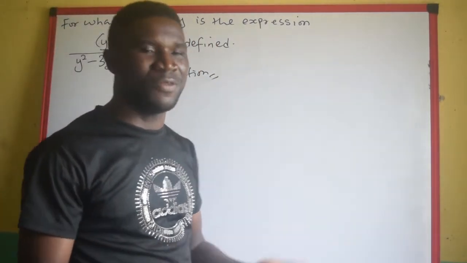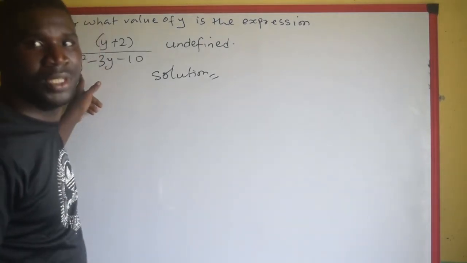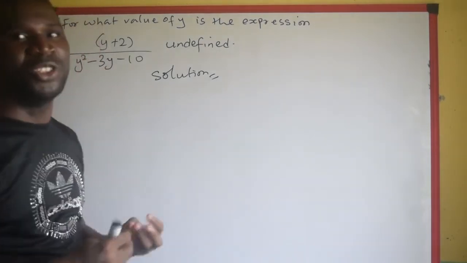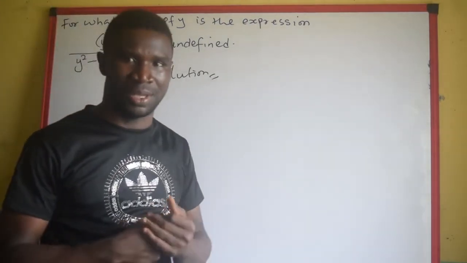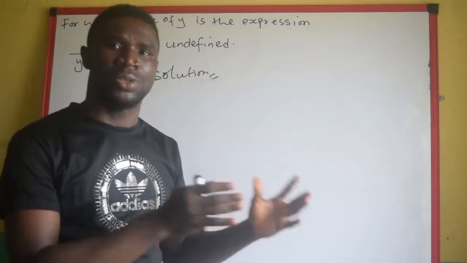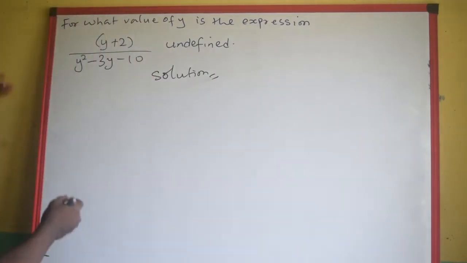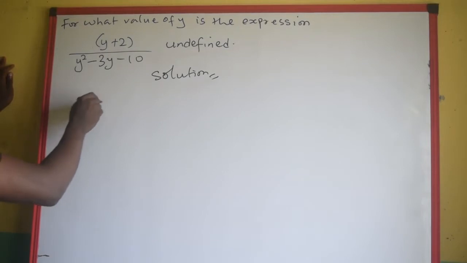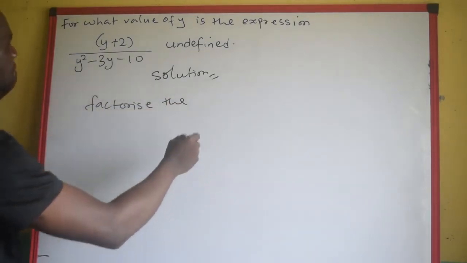The denominator can be factorized because this denominator has squared. It has squared, so which means the denominator is not in its lowest term. So we need to bring it down to its lowest term. The way we can do this is approaching quadratic equation. Now, I have to factorize the denominator first.